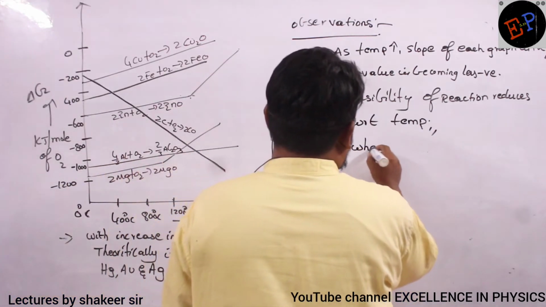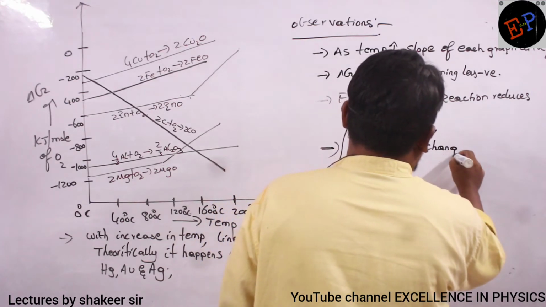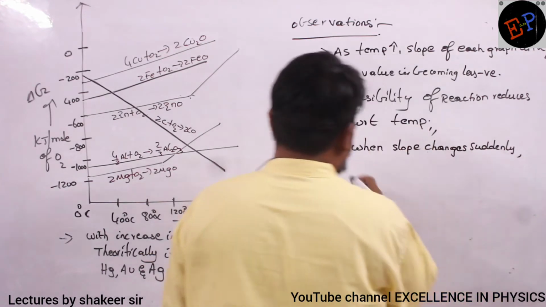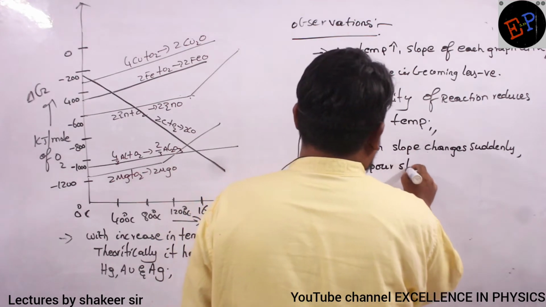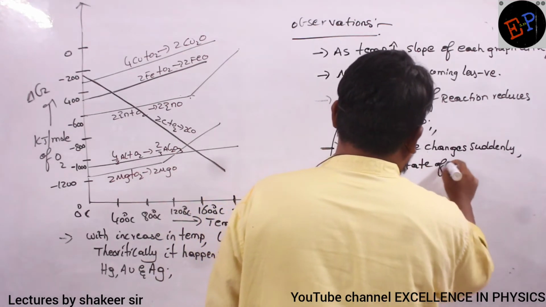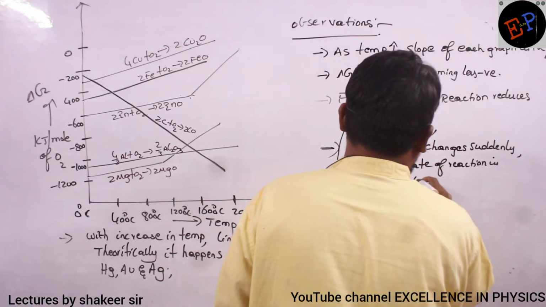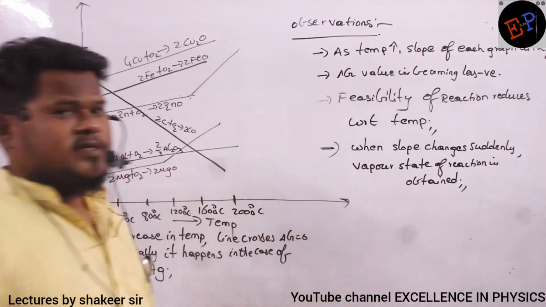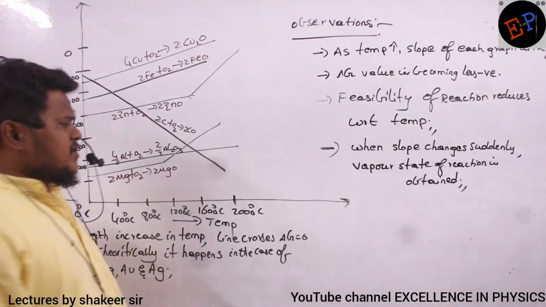Therefore, when the slope changes suddenly, the vapor state of the reaction is obtained. It means when the slope is changing, we can see that it is converting into the vapor phase. This is one more observation.